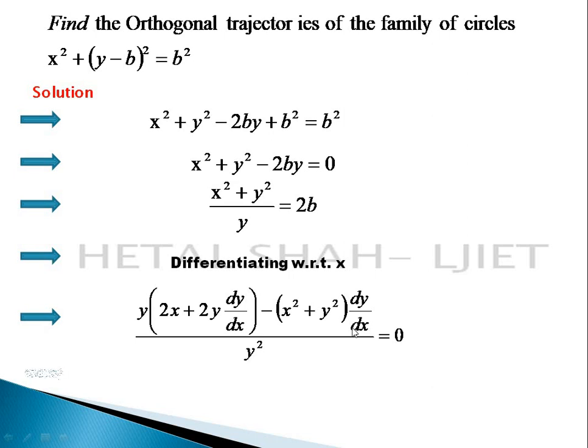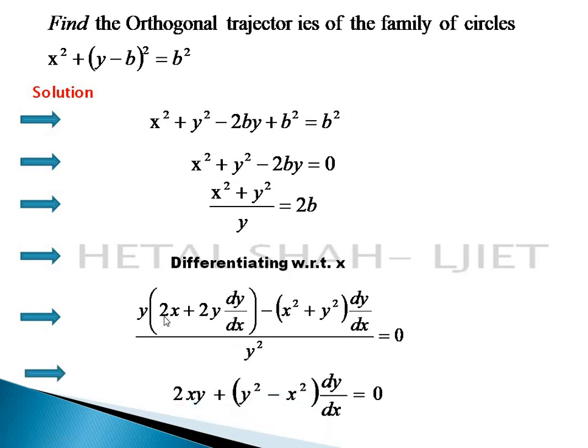By simplifying this equation we get y square into 0, that is 0, and 2xy plus 2y square dy by dx minus x square dy by dx and minus y square dy by dx. So 2xy keep it same, and 2y square dy by dx minus y square dy by dx is y square dy by dx, and minus x square dy by dx.